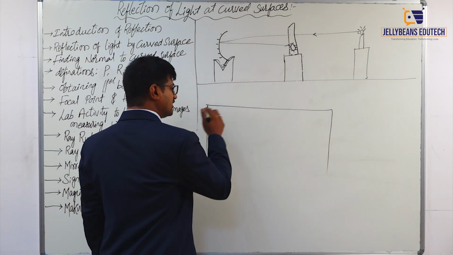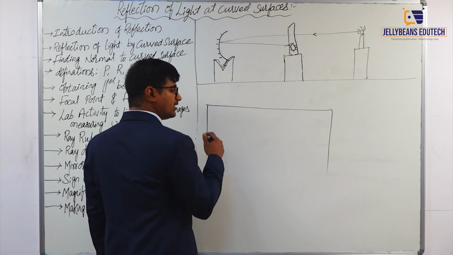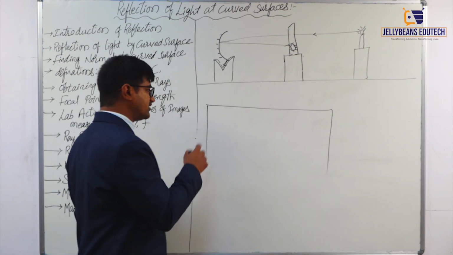So on the first table we are considering the nature of the images when the object is placed at different positions.